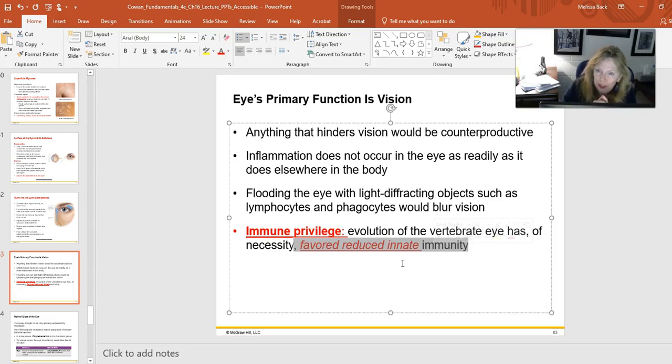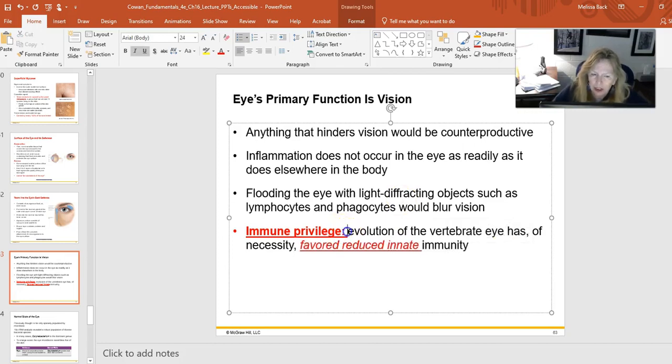There's reduced innate immunity, because we know that infectious diseases do damage partly through their own virulence factors that damage our tissues, but they can also do damage by causing an immune response that itself causes damage.